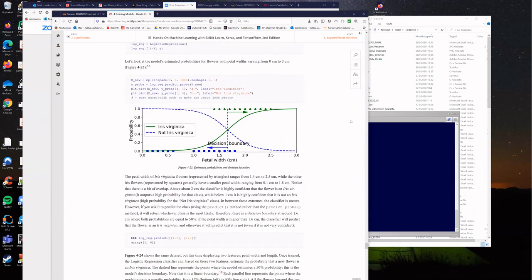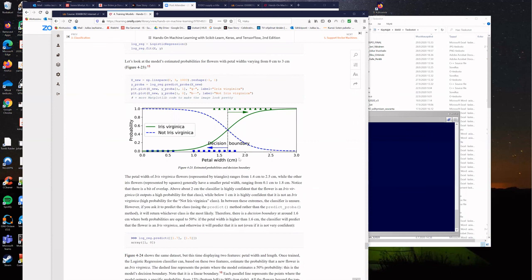So when you determine the petal width, you get this kind of logistic expression. Definitely here on the left, the probability is very high that this is not iris virginica, and here it is very probable that it is iris virginica.